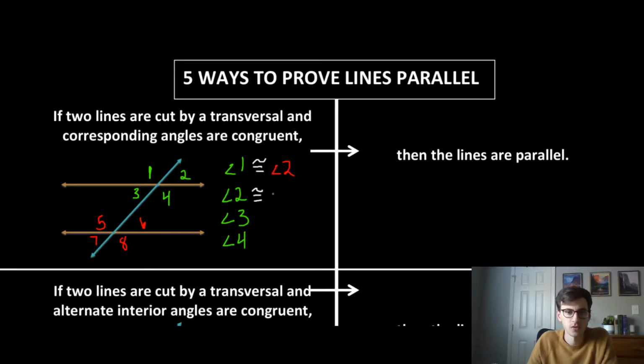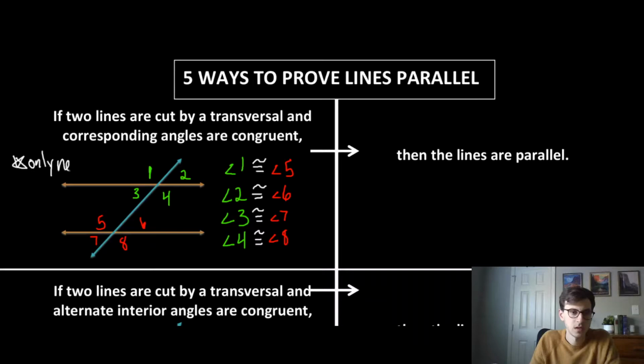Or angle 2 is congruent to angle 6. Angle 3 is congruent to angle 7. Or angle 4 is congruent to angle 8. You only need one pair of corresponding angles to be congruent. And if any of those are congruent, then the lines are parallel.